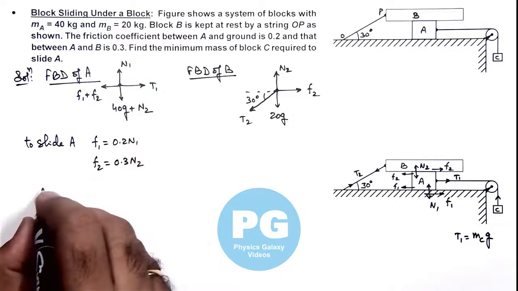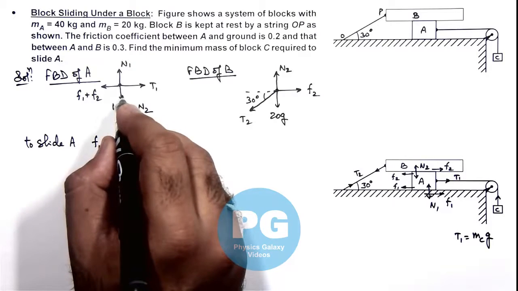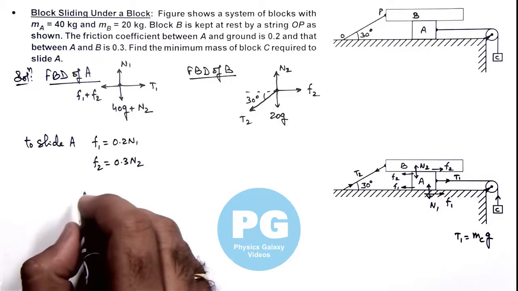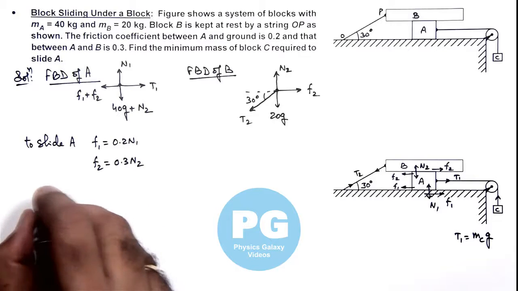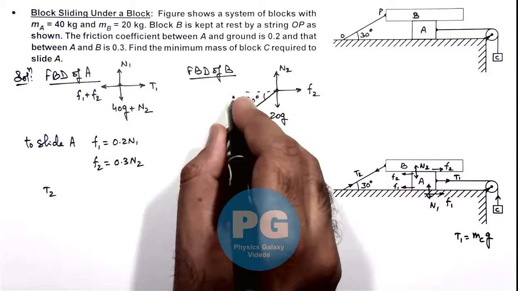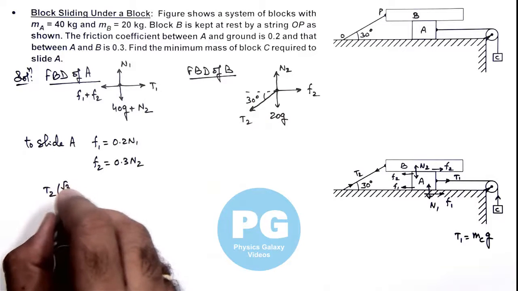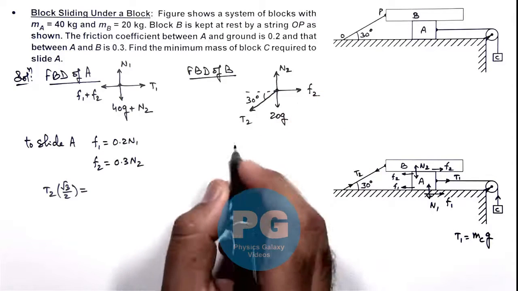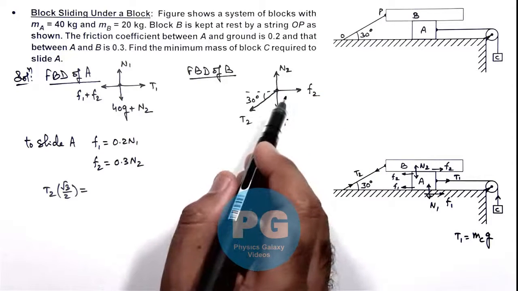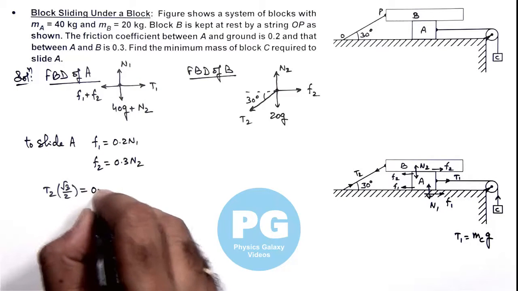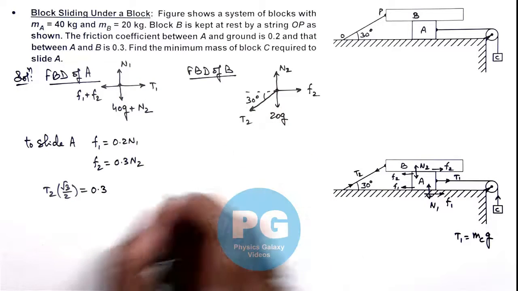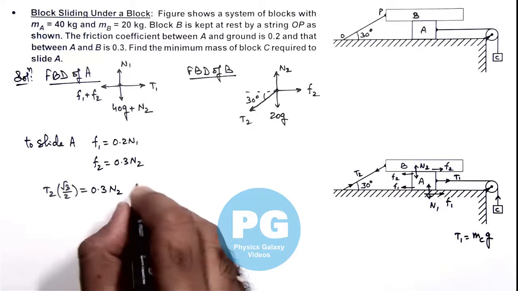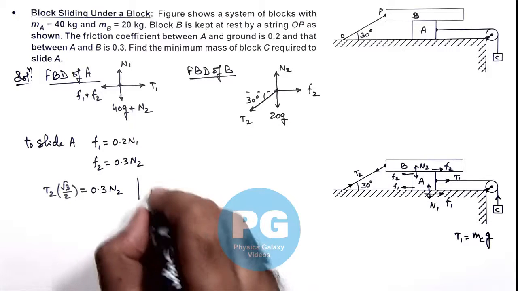In horizontal direction for block B, we can write the equation as T2 cos 30 degree, which is T2 root 3 by 2, equals the friction F2, which can be written as mu N2, and the value of mu over here is 0.3, and N2 is the normal reaction, which can also be calculated in vertical direction.